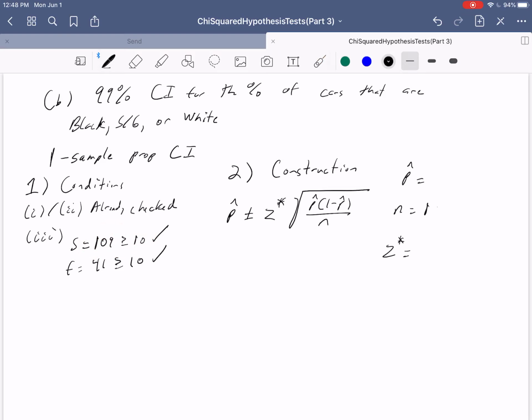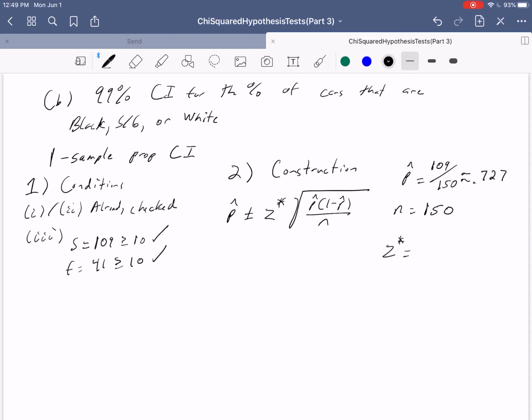We should remember that our sample size is 150, and our sample proportion then should be 109 out of 150. 109 divided by 150 should give us a sample proportion of approximately 0.727. So about 72.7% of vehicles in our sample were black, silver, gray, or white. Now we're going to try to do that as an estimate for the percentage of all cars that are those colors.